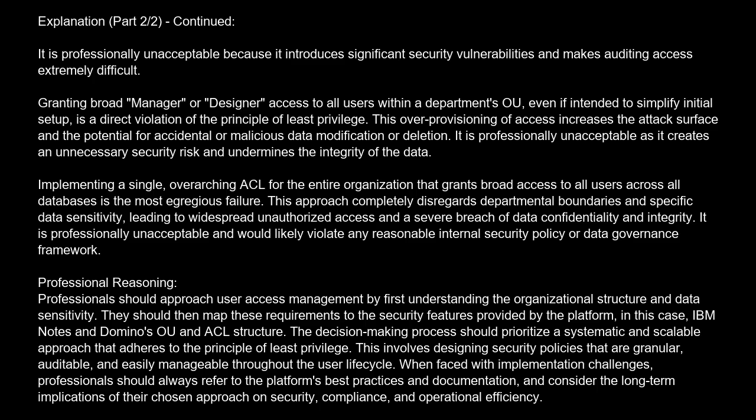This involves designing security policies that are granular, auditable, and easily manageable throughout the user lifecycle. When faced with implementation challenges, professionals should always refer to the platform's best practices and documentation, and consider the long-term implications of their chosen approach on security, compliance, and operational efficiency.